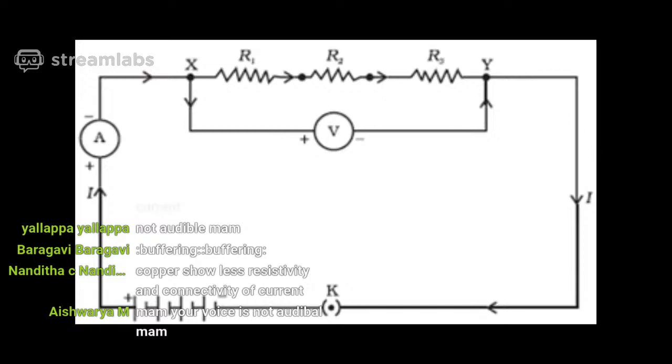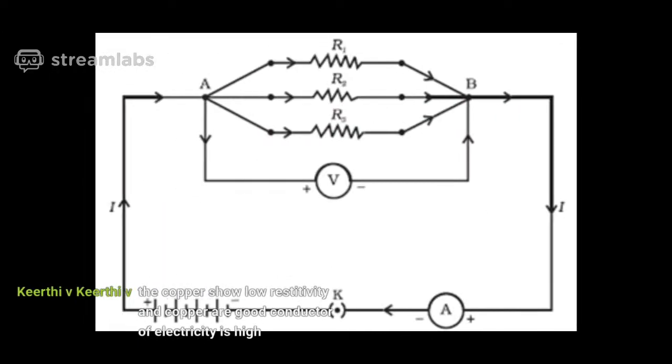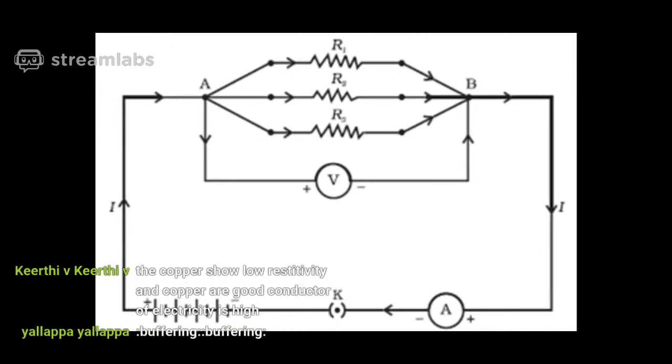One is located beside the other. And these resistors are connected in an electric circuit. And these are the resistors connected in parallel.